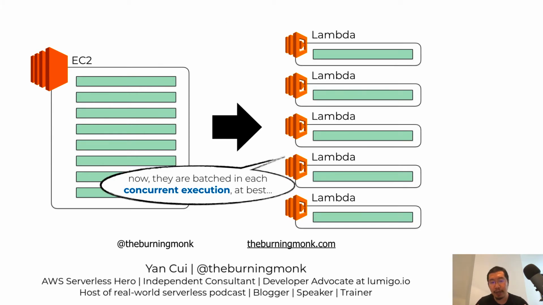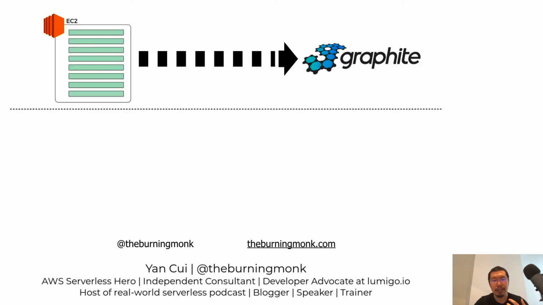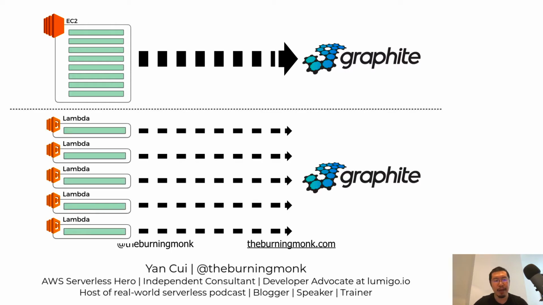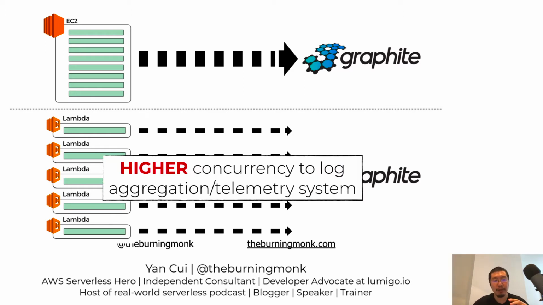Now the best we can hope for is for them to be batched in individual concurrent executions at the Lambda invocation level, which means that in terms of the traffic we need to send to our observability system, instead of having one EC2 server sending large batches at a time, we now have many smaller containers sending traffic to the backend monitoring system, which also means those systems need to be able to handle much higher concurrency in terms of how much data they're ingesting from our application.